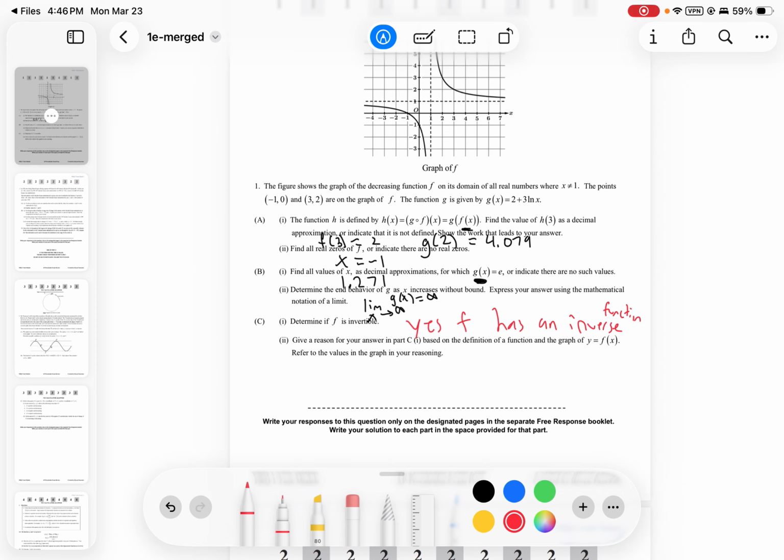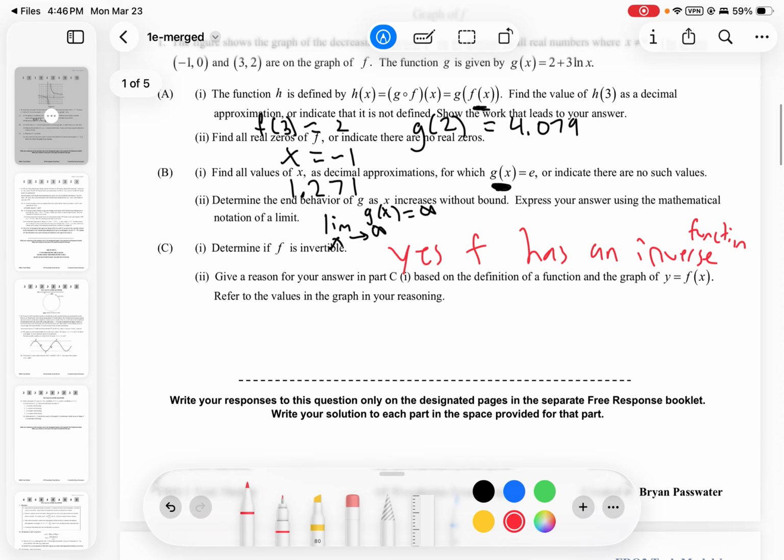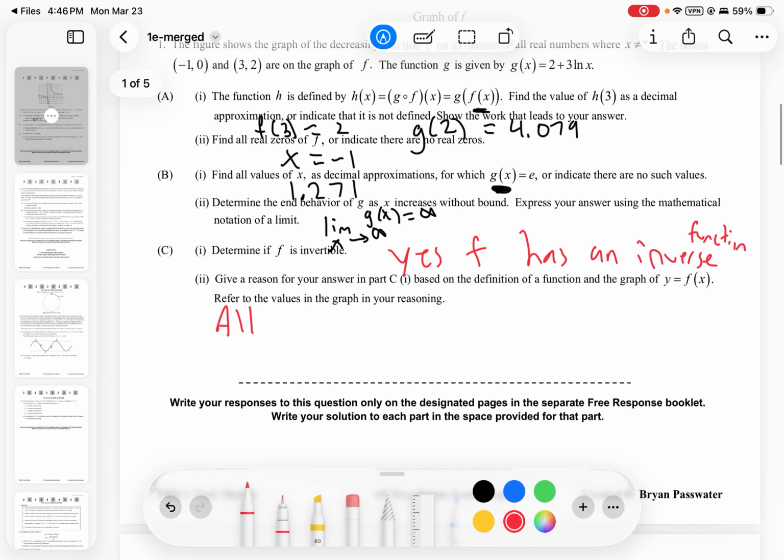All right, give a reason for your answer. Now, the College Board is very clear. Saying it passes the horizontal line test is insufficient. So it says refer to the graph in your reasoning. So I'm going to say all output values. I'm referencing the output values first because the outputs become the inputs in the inverse function.